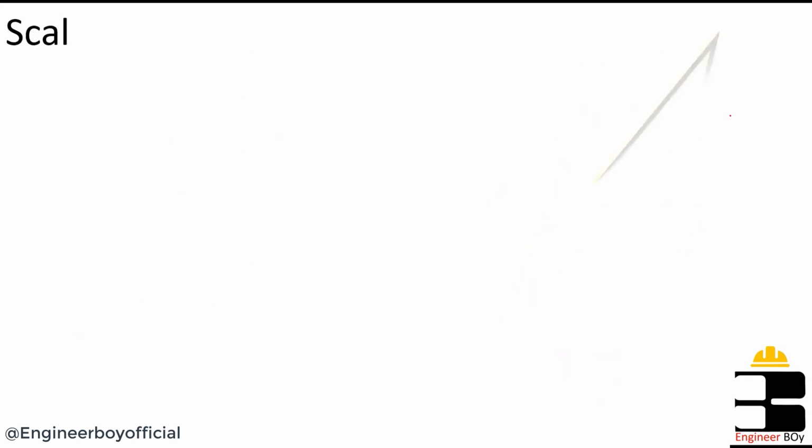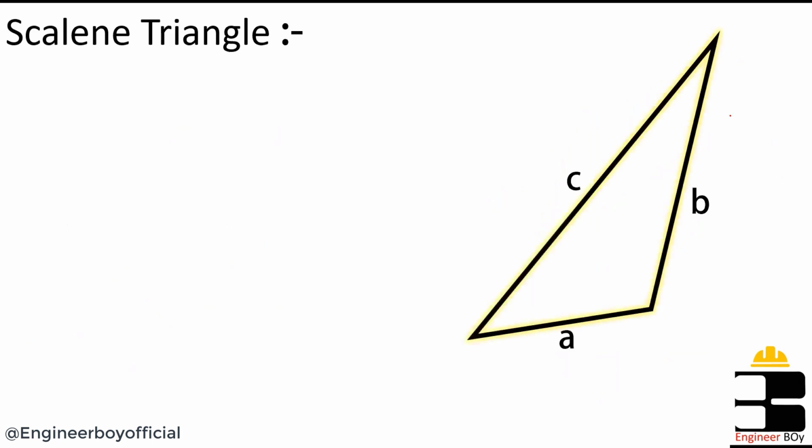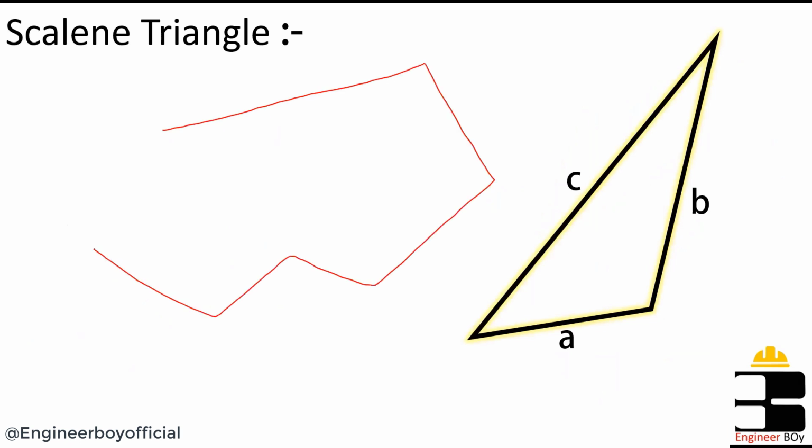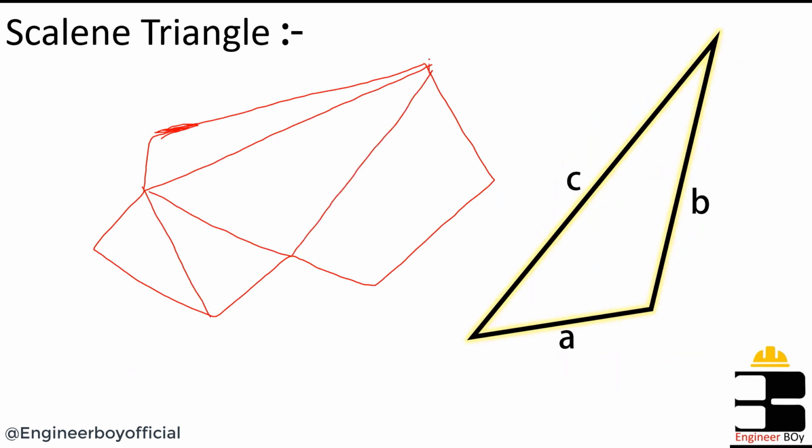All right, next we have the scalene triangle, and this is very important because if you have an irregular shape like this one, maybe a land can be triangulated. Let's say I'm gonna triangulate this the same way like this, okay? This is called triangulation. Triangulation means just splitting or dividing the whole property into triangles.